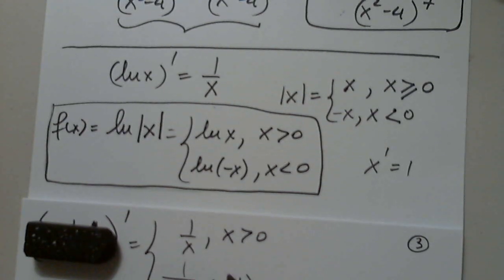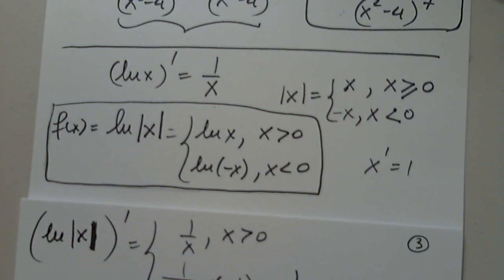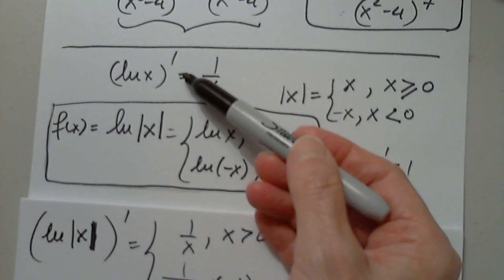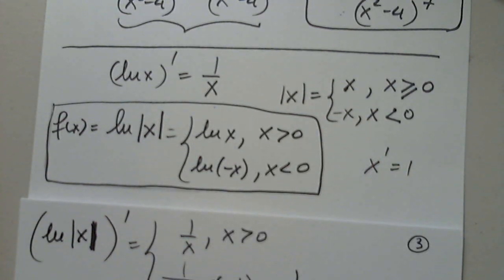Negative 1. That's it. Well, it turns out to be 1 over x as well. So this is x less than 0. So please remember, the derivative of natural log of negative x is also 1 over x. Of course, x cannot be 0. So these are the same.